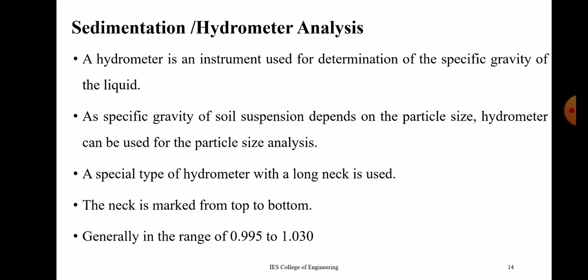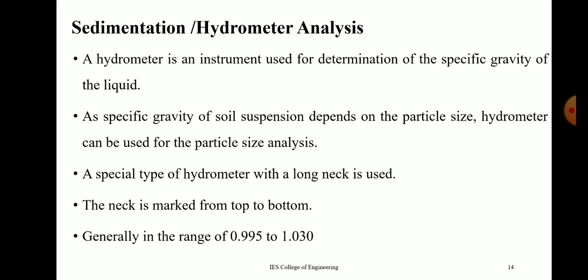Sedimentation or hydrometer analysis. A hydrometer is an instrument used for determination of the specific gravity of the liquid. As specific gravity of soil suspension depends on the particle size, hydrometer can be used for the particle size analysis. A special type of hydrometer with a long neck is used.